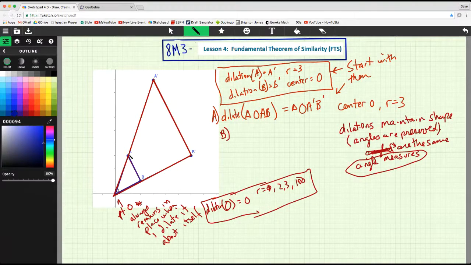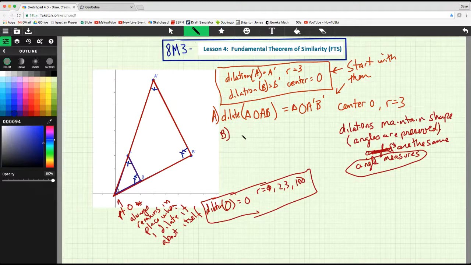Then if this small triangle, this blue triangle, is a dilation of this big red triangle, then this angle must be the same as this angle. And this angle, angle OBA, must be the same as angle OB prime A prime. Now we get a very interesting phenomenon, and we have to go back to the end of lesson 2 to learn this.